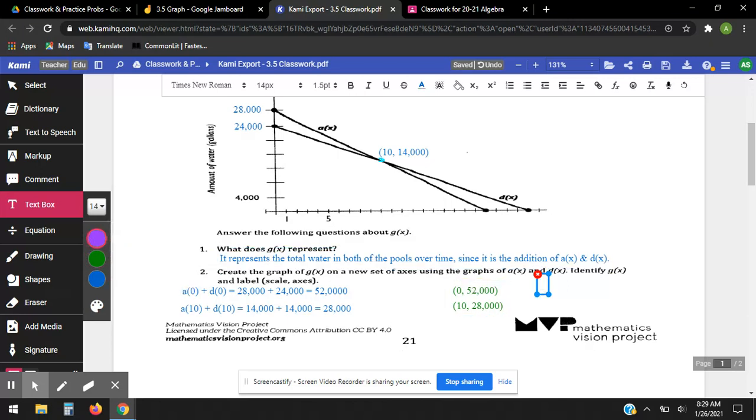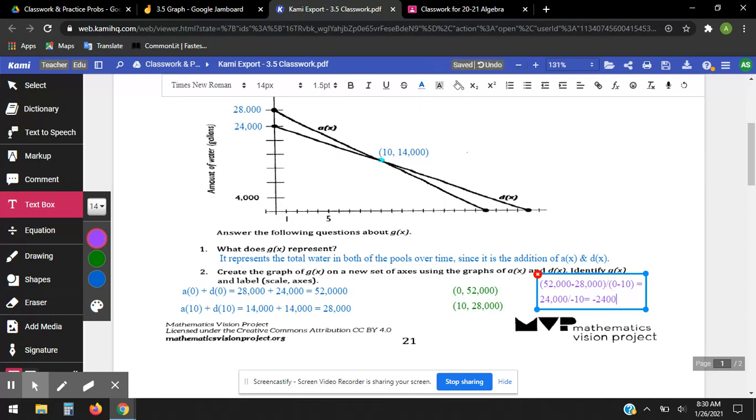If we take our y's and subtract them, 52,000 minus 28,000, divided by 0 minus 10, well, 52,000 minus 28,000 is 24,000, divided by negative 10, and that equals negative 2,400. So we have a slope of negative 2,400.